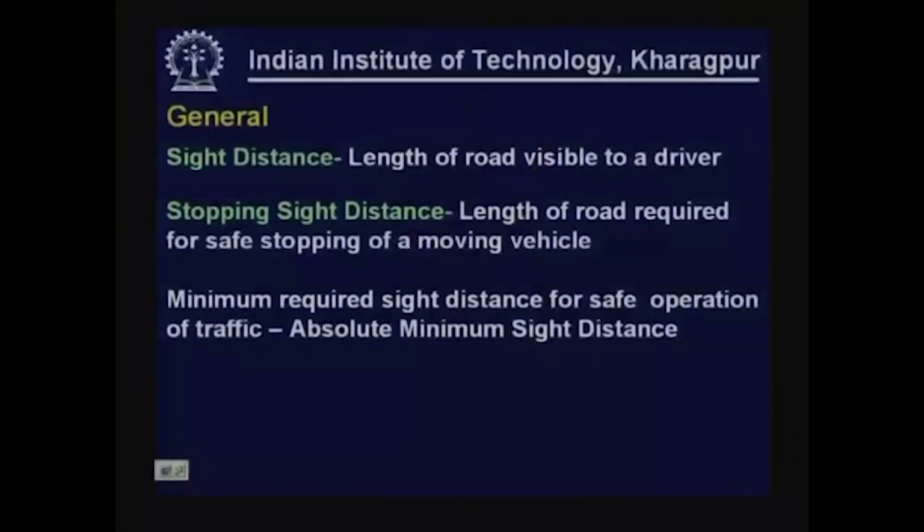There are possibilities that the available sight distance could have some sorts of obstructions. Obviously, for a straight road on level ground, there is no problem in terms of sight distance.